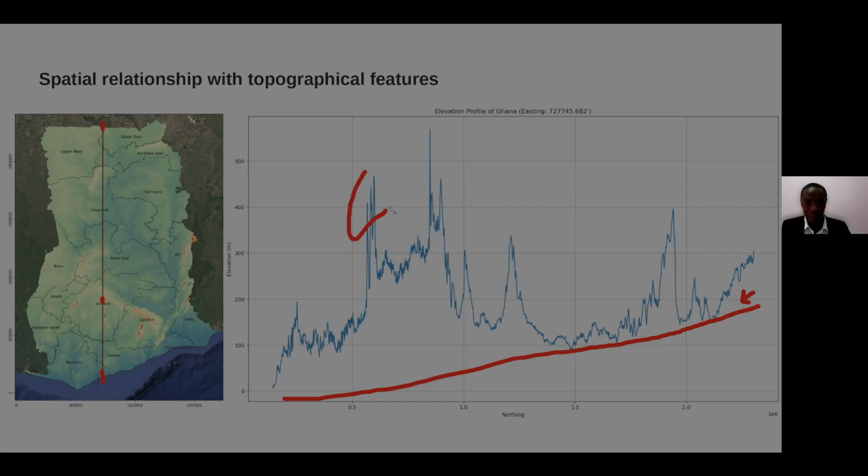This mountain over here represents the mountain beneath Lake Bosomtwe. The mountain over here represents the part of the Y-shaped mountain that we saw. This one represents this mountain over here in Bono East, and this one represents this mountain area that we see over here.